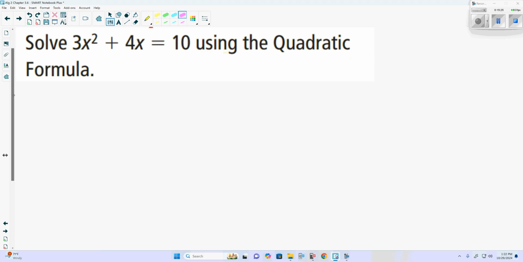We want to solve 3x squared plus 4x equals 10. Now again, to solve these by using the quadratic formula, we need this equation equal to 0. So what's the first thing we can do?